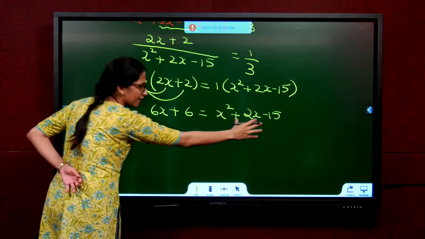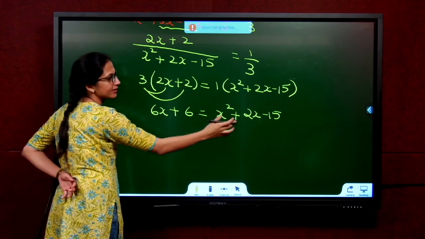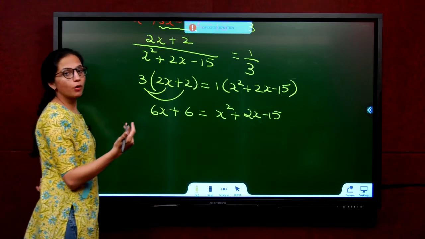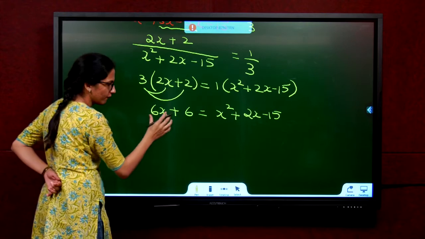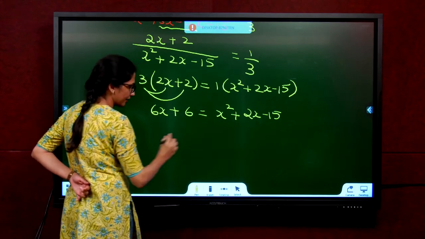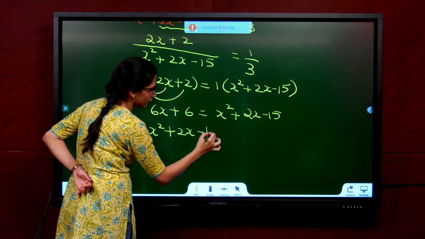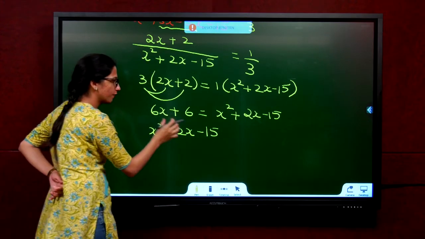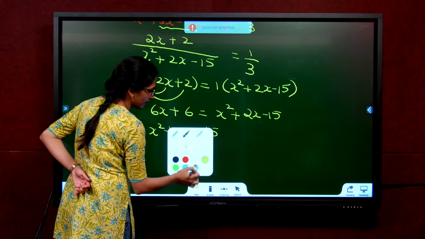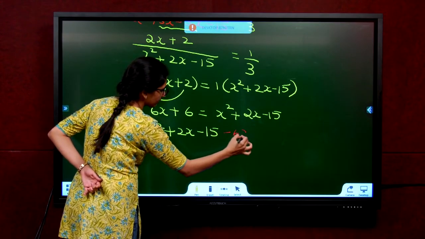You can either bring everything this side or take these things this side. I want to keep my x square term positive, which is why I will keep it there itself. I will shift 6x plus 6 that side. So x square is there only, plus 2x minus 15 is there only. Shift 6x that side, it will become minus 6x.